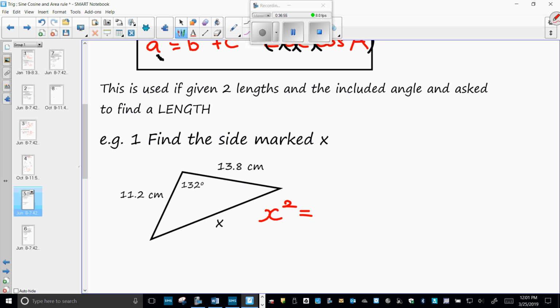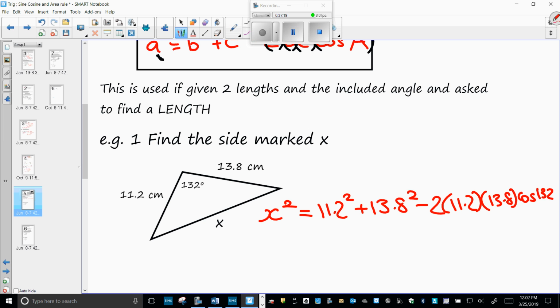No, because we're squaring them and adding them and then multiplying them by each other, and the order that we multiply is not important. So x squared equals 11.2 squared plus 13.8 squared, subtract 2 times 11.2 times 13.8 times cos 132.